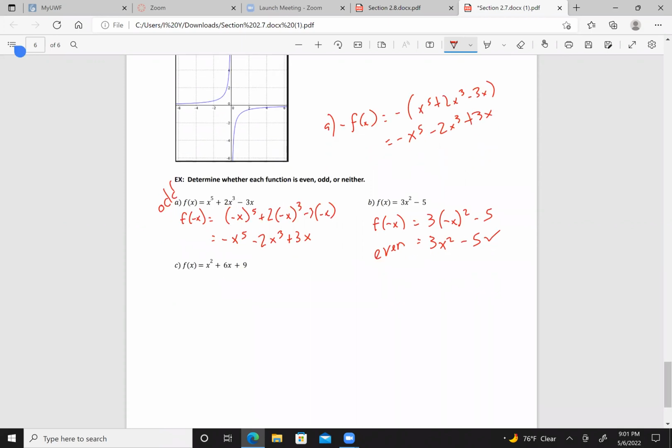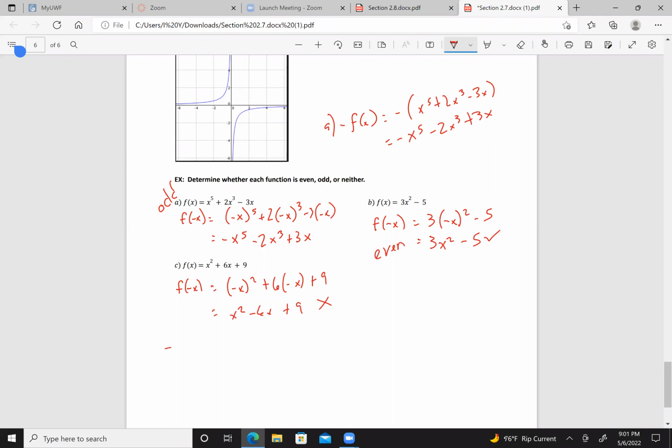So let's look at this one here. Let's start with f of negative x. f of negative x equals negative x squared plus 6 times negative x plus 9, which is x squared minus 6x plus 9. So it's not odd.